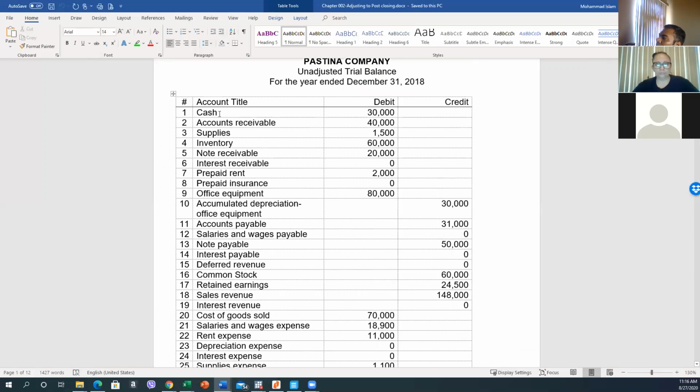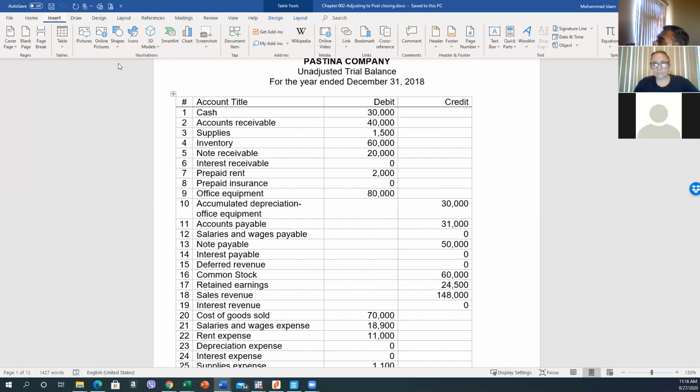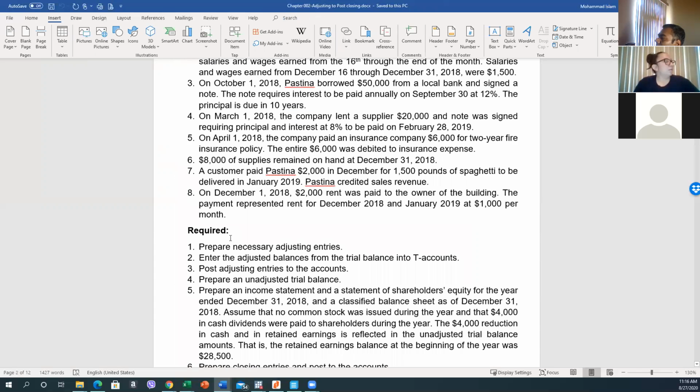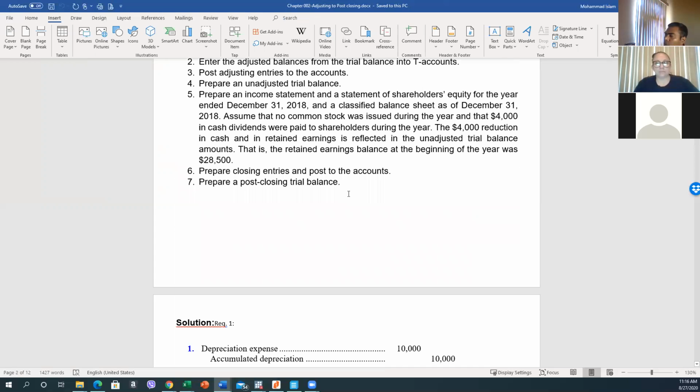So first of all, we will create, say, the cash account, and we'll post if there are any related adjusting entries with cash. Okay, so let me show you one. I'm just creating it over here, then I will show you one by one.